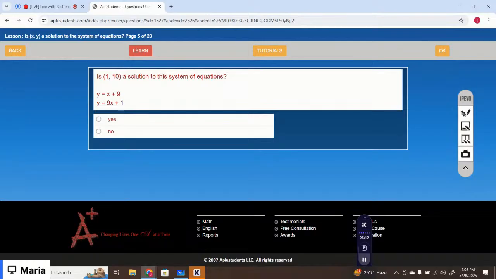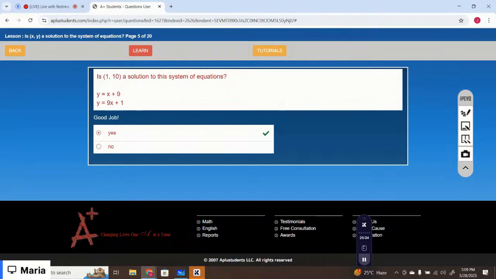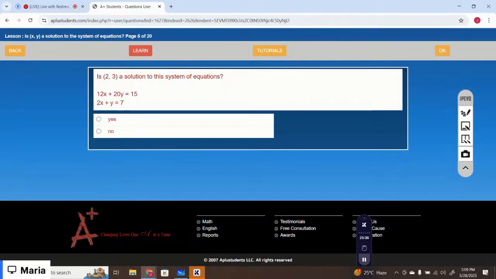Is 1, 10 a solution to the system of equations? Yes, 1, 10 is the solution of the system of equations. Option number one is the correct option. Is 2, 3 a solution to the system of equations?